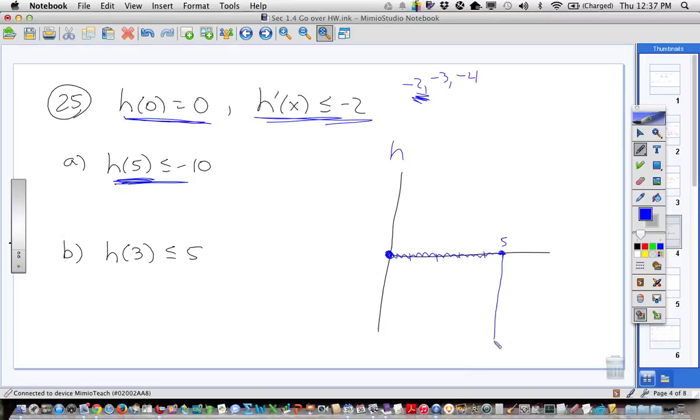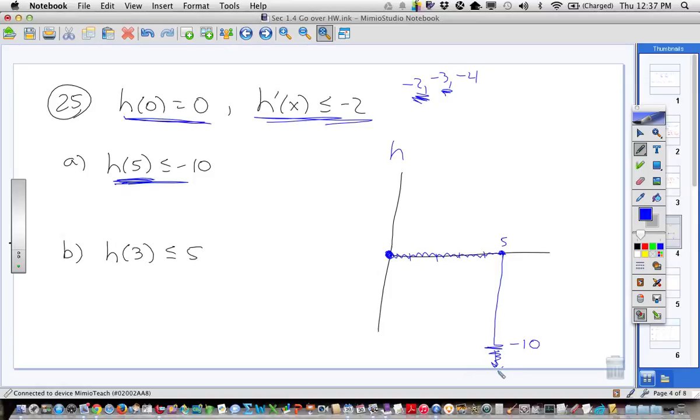You've got to go down at least to -10 right here. But maybe if the slope is more steep, it could go where? Farther down. So isn't it true that h of 5 has to be less than -10? Yes.